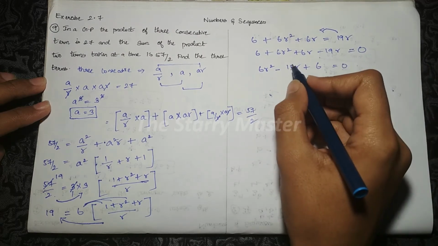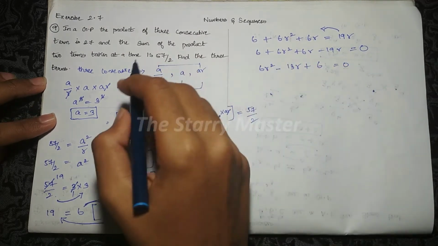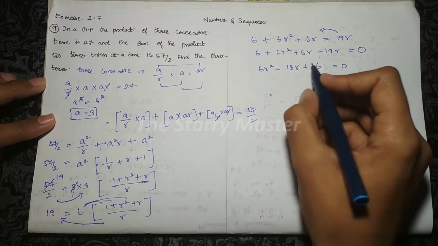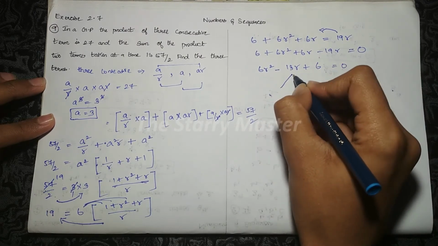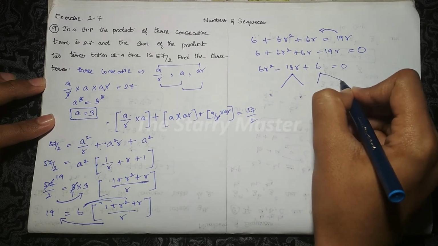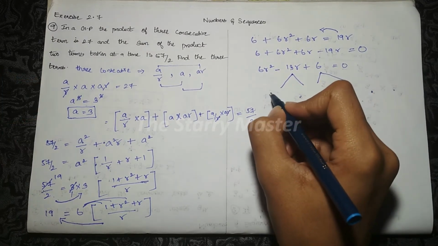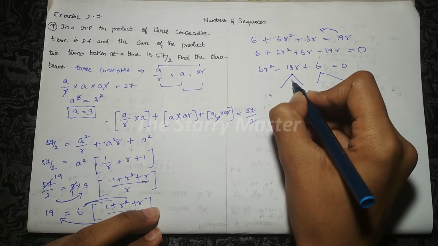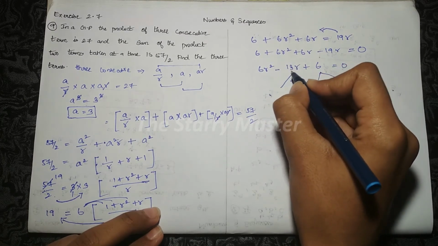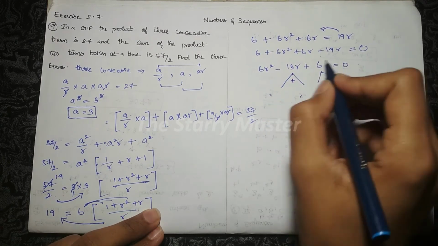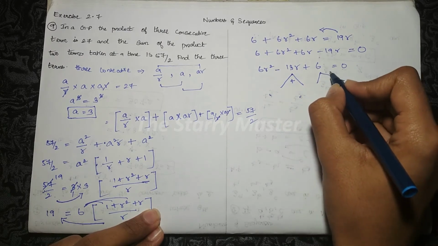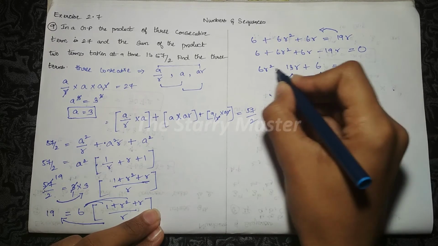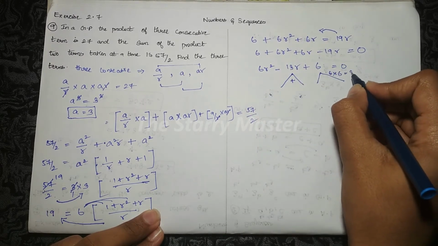So we need to find the value of r; only then can we substitute. We will use factorization. The rule of factorization is that two numbers should add up to minus 13, and the same numbers multiplied should give 6 into 6, which is 36.